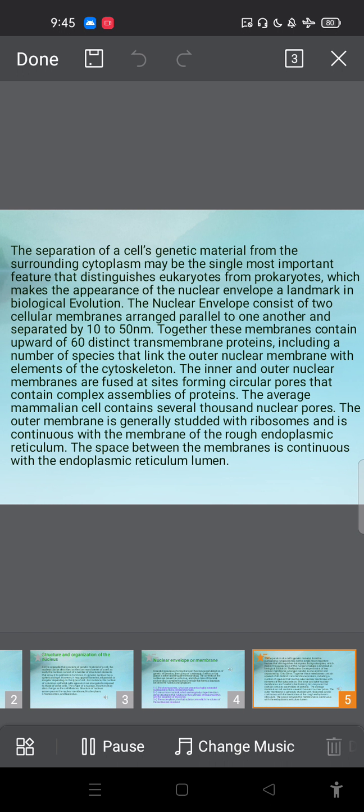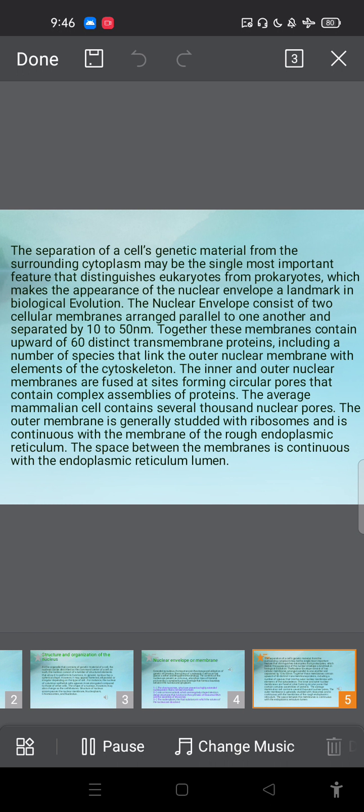The nuclear envelope consists of two cellular membranes arranged parallel to one another and separated by 10 to 15 nanometer. Together, these membranes contain upward of 16 distinct transmembrane proteins, including a number of species that link the outer nuclear membrane with elements of the cytoskeleton.